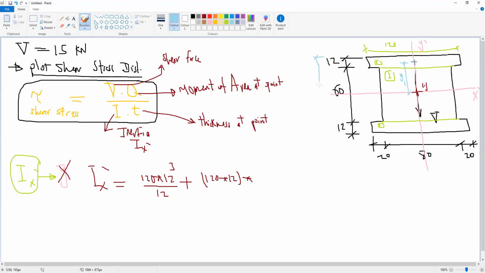The whole height is 12 and 12 and 60, which is 84.